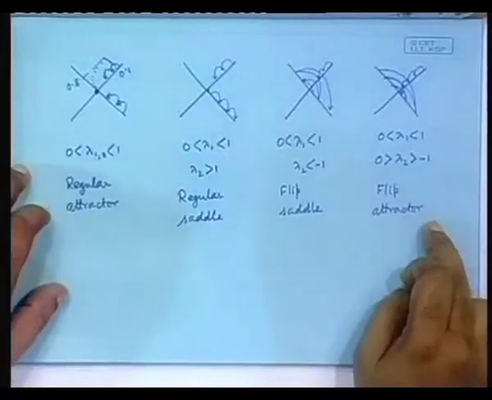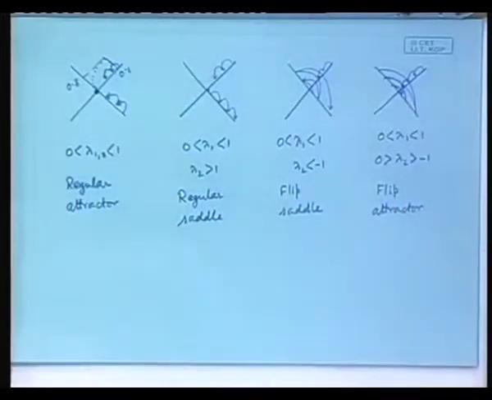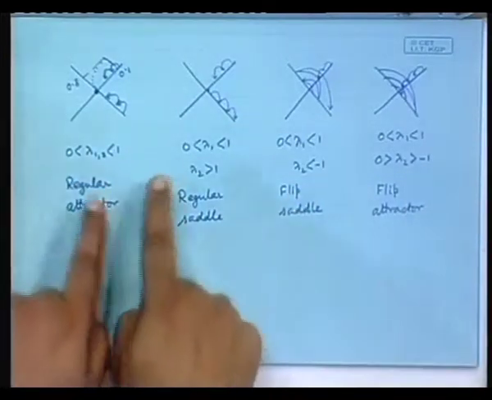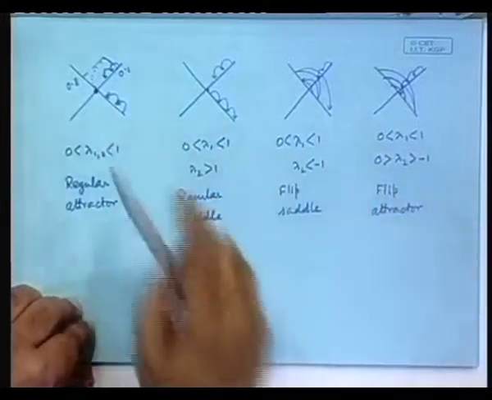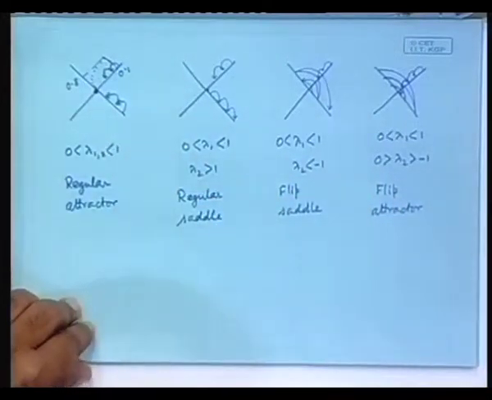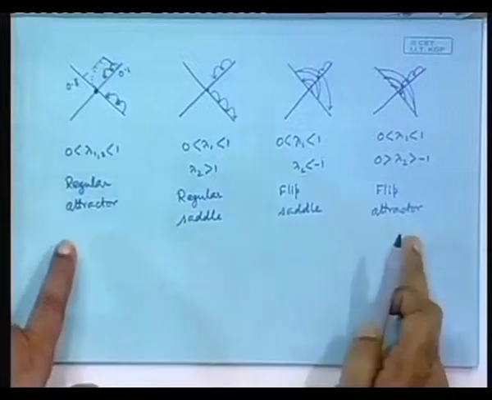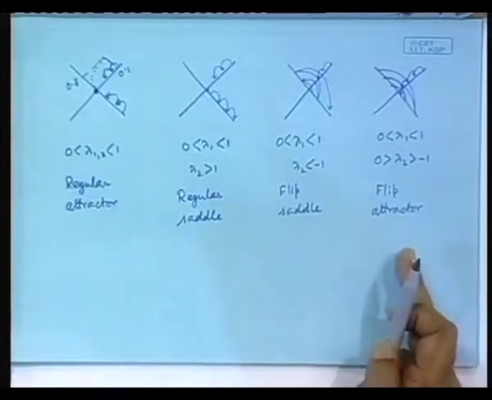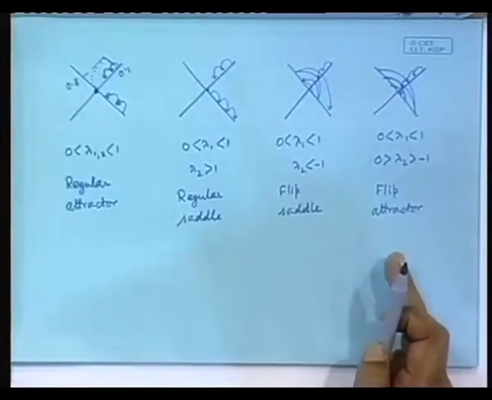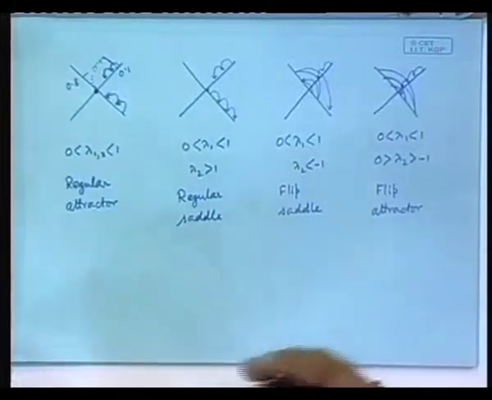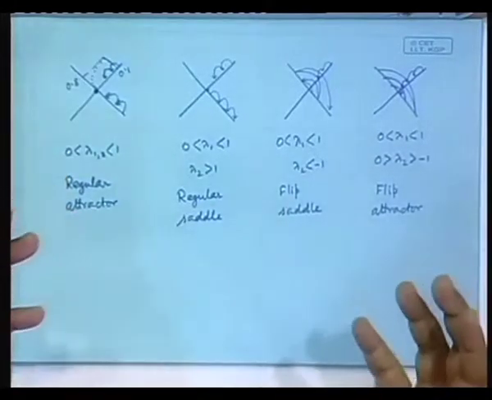In these cases, under what condition was the fixed point stable? The magnitude would be between 0 and 1 if you are talking in terms of real eigenvalues, right. If it is complex conjugate, then the magnitude has to be less than 1.